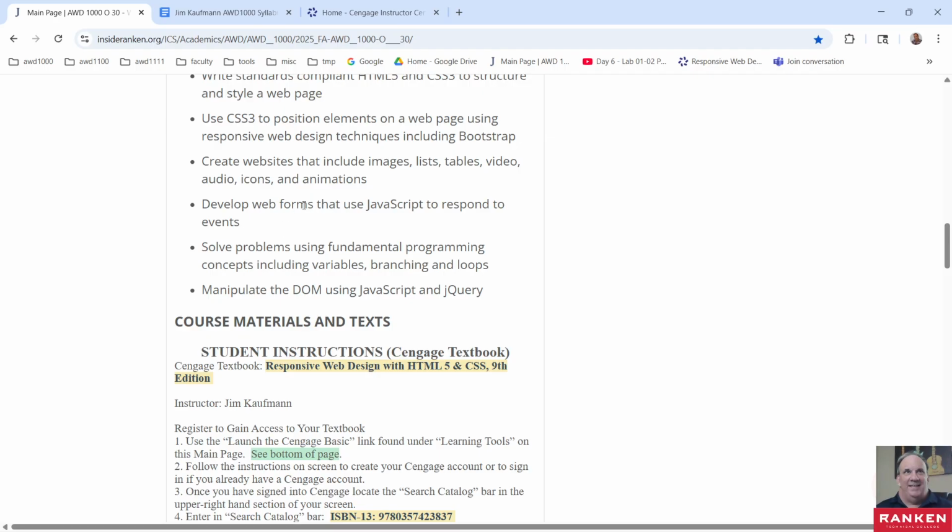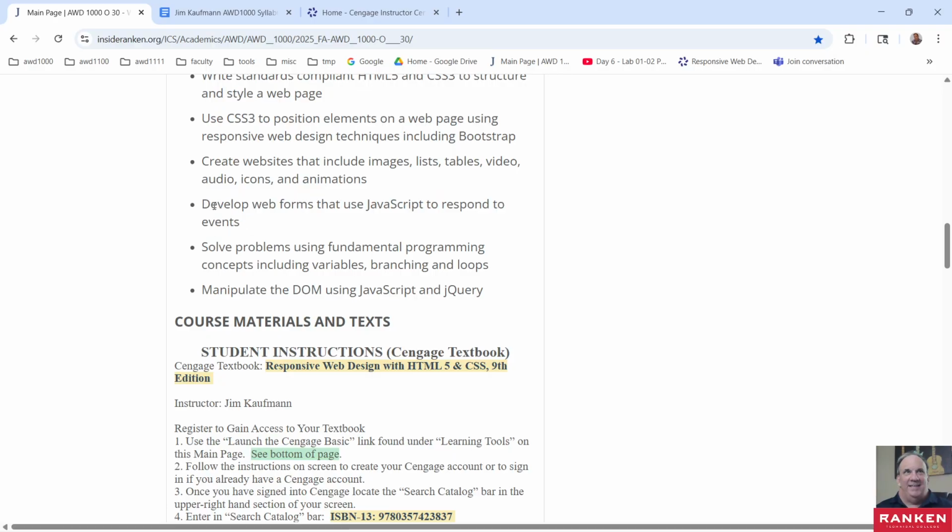Develop web forms that use JavaScript to respond to events. So this is going to be more of the second part of this course. The first half, a little less than half probably, will be HTML and CSS, and then the second half will be the JavaScript. Okay, two different books.